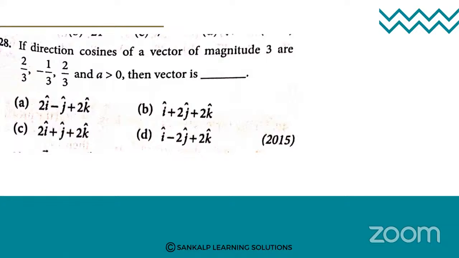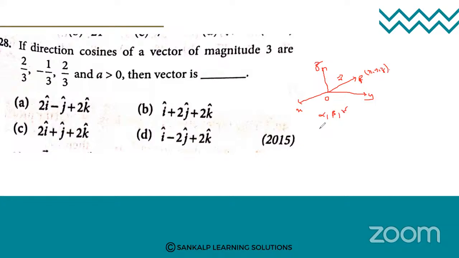Okay. So what are direction ratios? You need to know what are direction cosines and direction ratios. If OP is a vector, and P is a point (x, y, z), and the position vector OP is r, then the angles made by this vector with the x-axis, y-axis, and z-axis will be alpha, beta, and gamma.